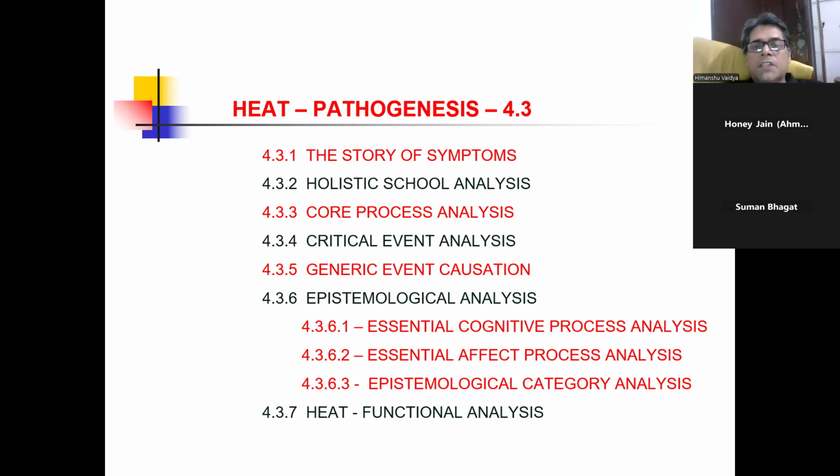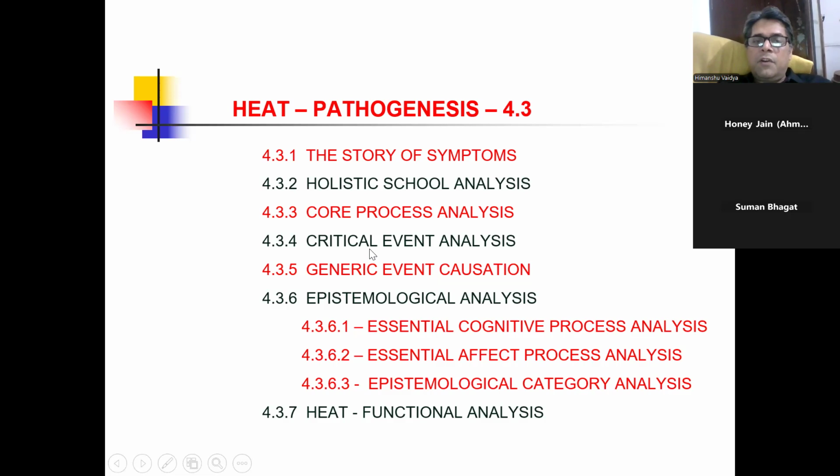Then we get into the epistemological analysis of the critical event. In the generic event causation, we can ask ourselves, why has the critical event happened? Because the critical event ultimately leads to the pathology. So we can apply this model of generic causation to find out, did the critical event happen because of scientific laws only?